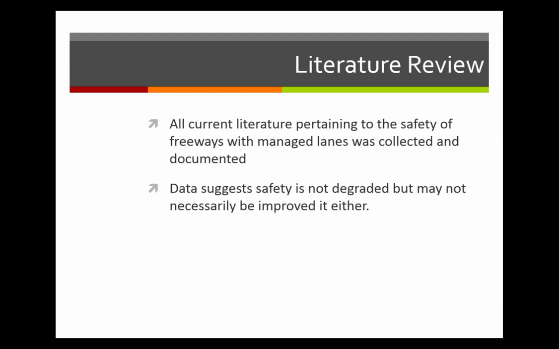What we want is a more general perspective: regardless of what characteristics these freeway facilities with managed lanes have, we want to be able to predict the crashes on them. And so ultimately, all the research that I found and read was just saying that a lot more research was needed to make anything conclusive.